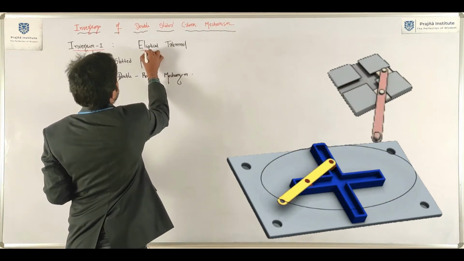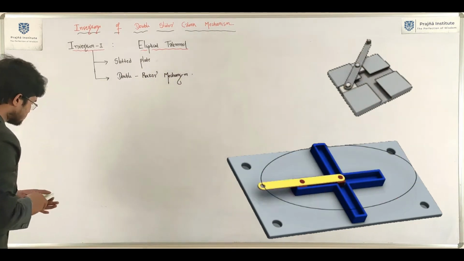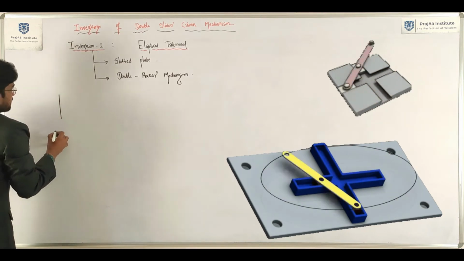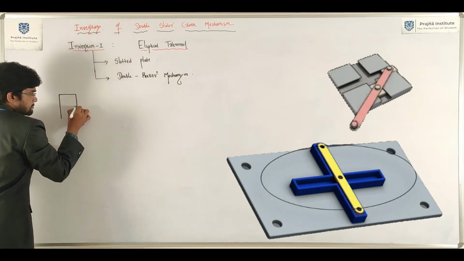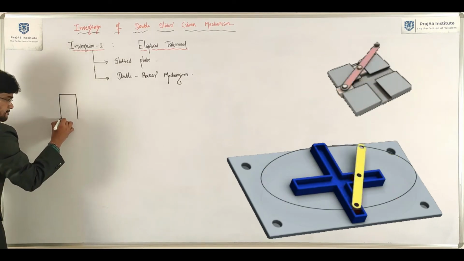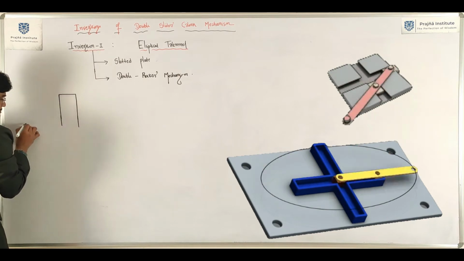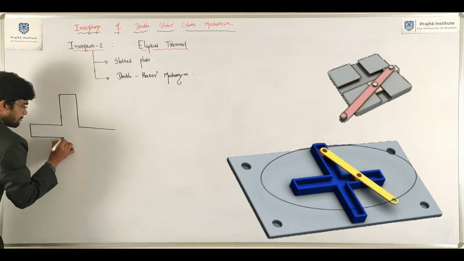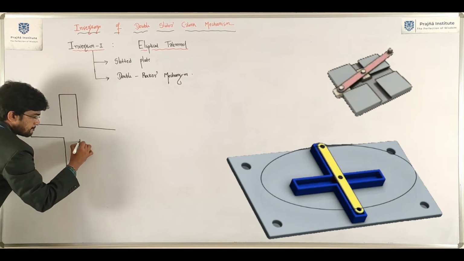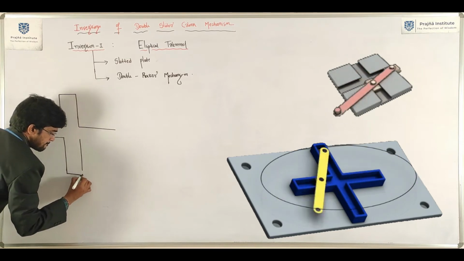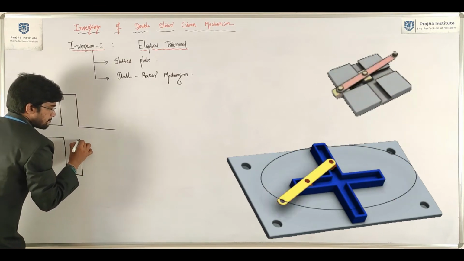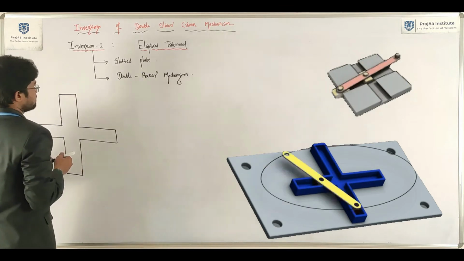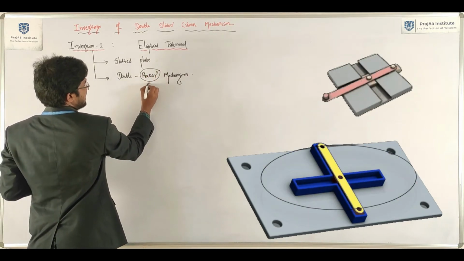Here it is the elliptical trammel. See this? Here it is a slider.